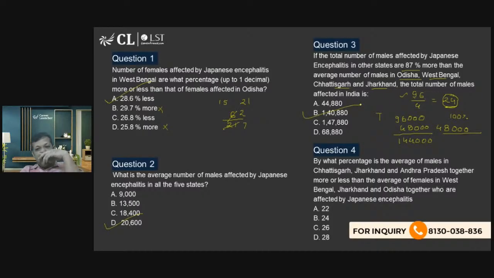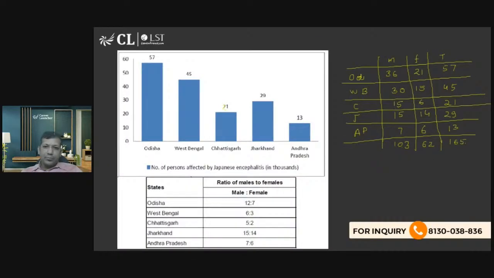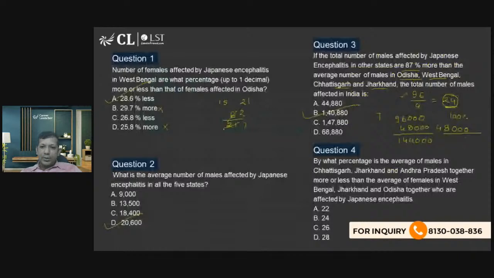Okay, now this is going to be tricky one. Not tricky one. I have to go back and forth a lot of data. Chhattisgarh, Jharkhand, and Andhra, we have 37 male. Okay, average we are talking about. So 37 by 3.